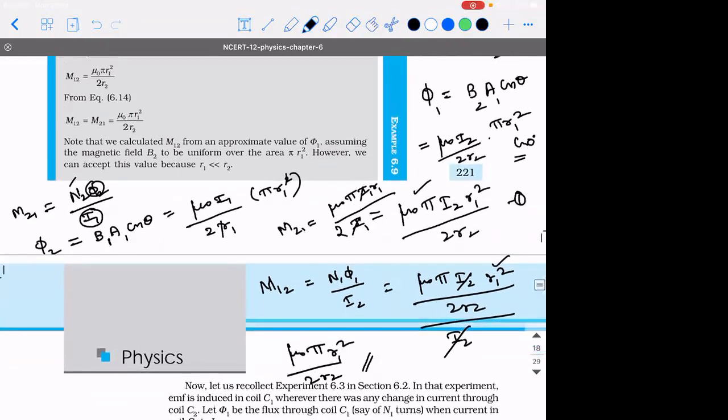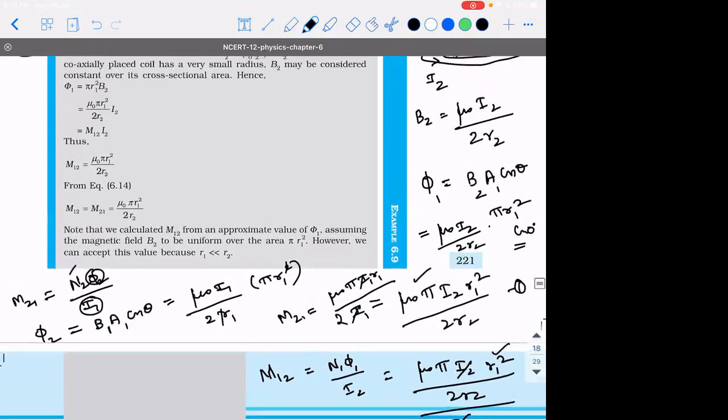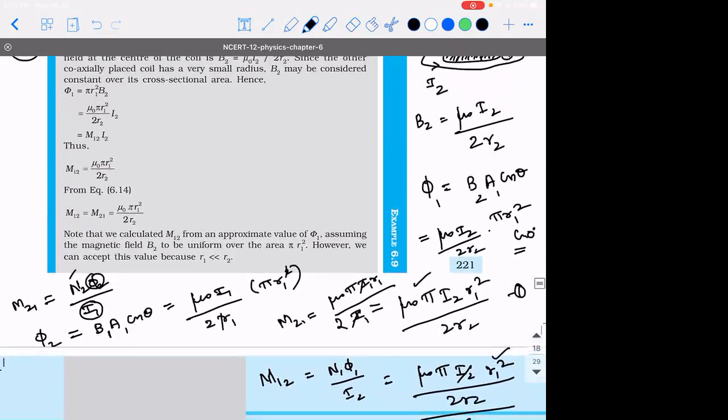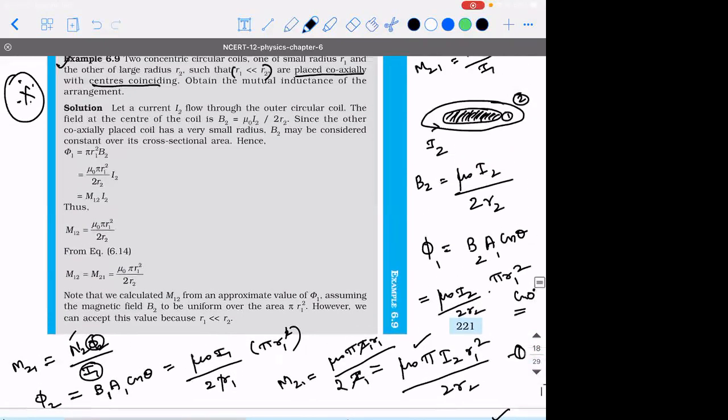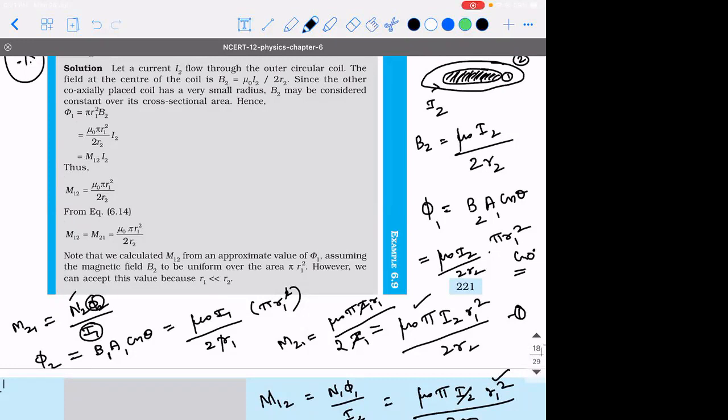R1 square. One minute. From equation 6.14. There is some confusing thing there.